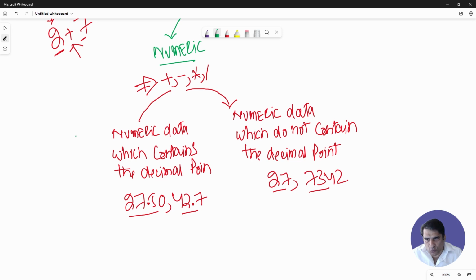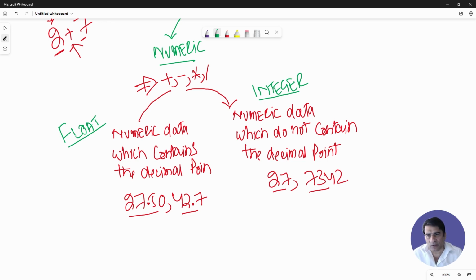So my friends, we have given them names. This one is called float. The numeric data which contains the decimal point, we call float, and the numeric data which does not contain the decimal point, we call integer. So from now on, we will be using the words float and integer.